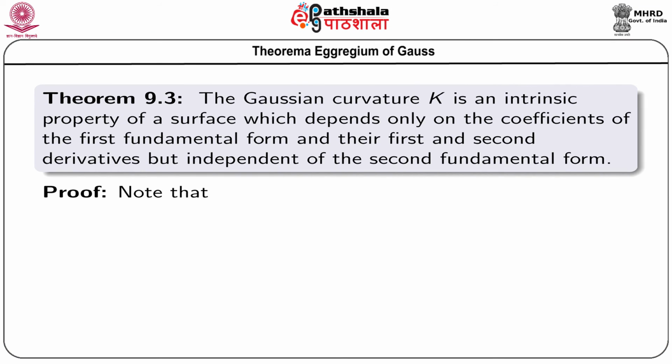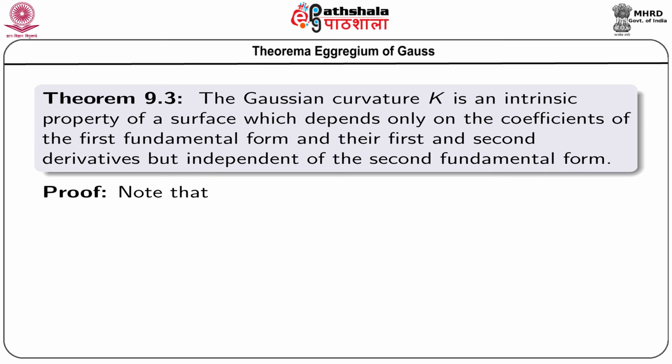So, let us see the theorema egregium of Gauss. This theorem states that the Gaussian curvature K is an intrinsic property of a surface which depends only on the coefficients of the first fundamental form and their first and second derivatives, but independent of the second fundamental form.